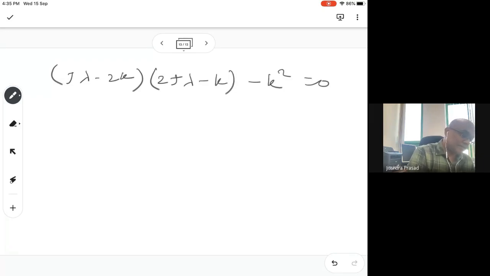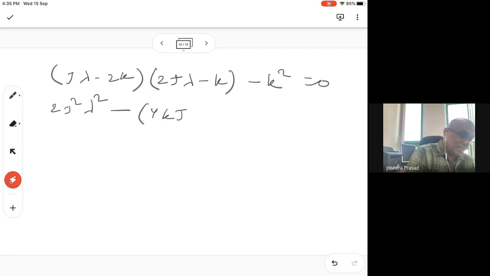Then we get 2J square lambda square, then minus, and then we have minus 2K, minus is here, so 2K multiplied by 2J, 4KJ.